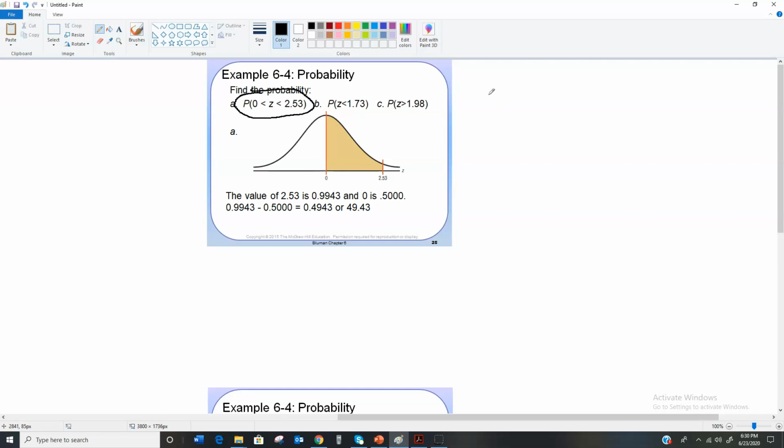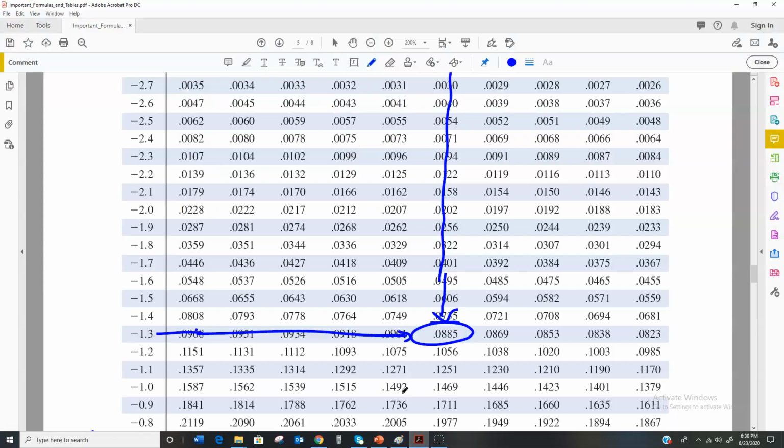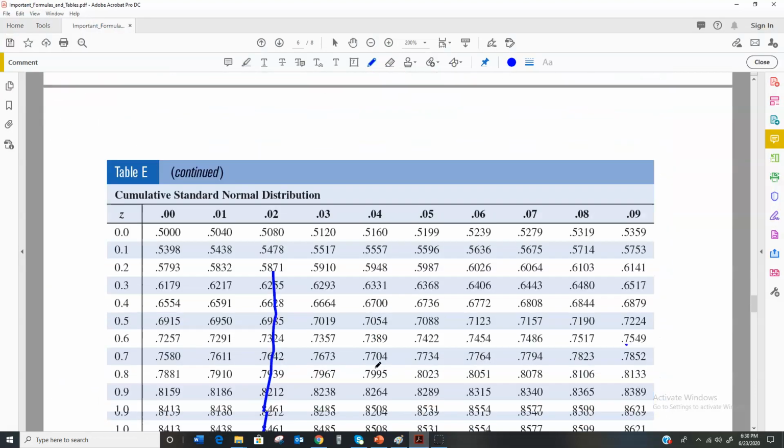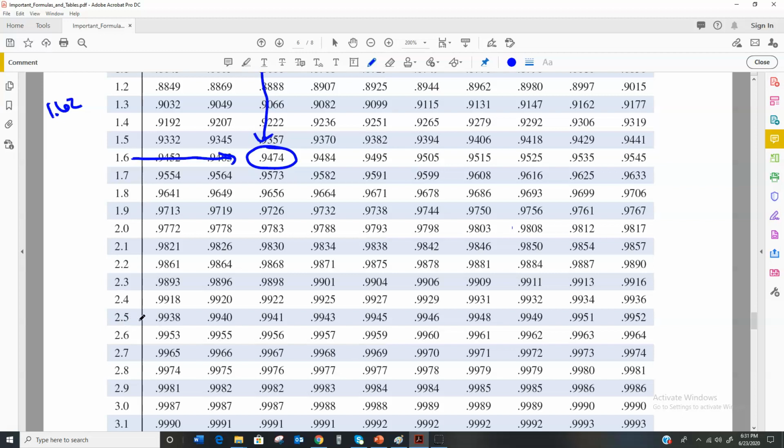So we have to look up the z value for 2.53. And we have to look up the chart value for z of 0. So z of 2.53, we go to our chart. 2.53 would be this value right here.